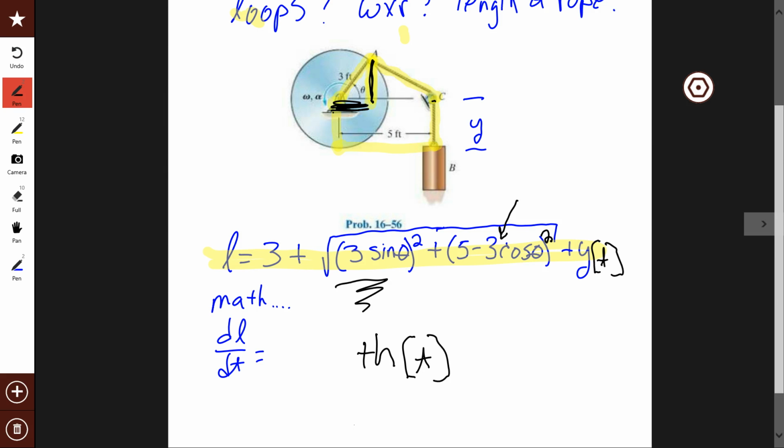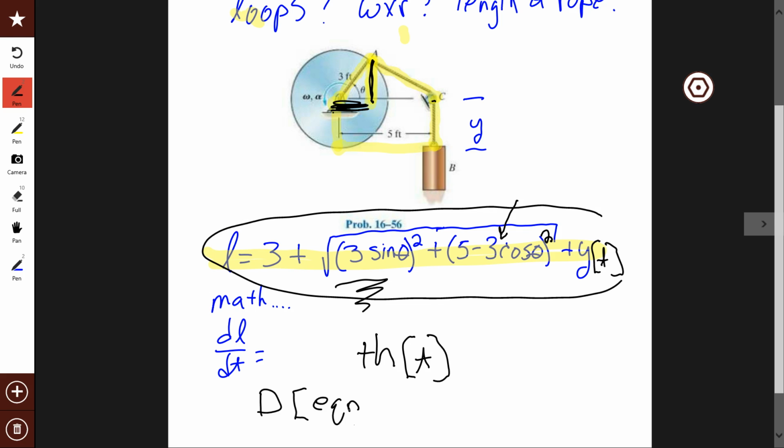And then to take a derivative, you say capital D, bracket, and then you put your equation. So you can actually type this equation, or you can name it something, like L equals, blah, blah, blah. And then you can say take the derivative of L with respect to T. That gets you one derivative. Okay? Once you take the derivative, what do you really want to solve for?